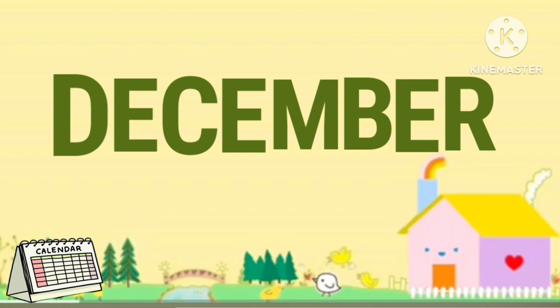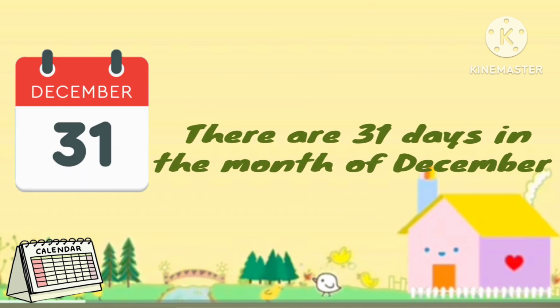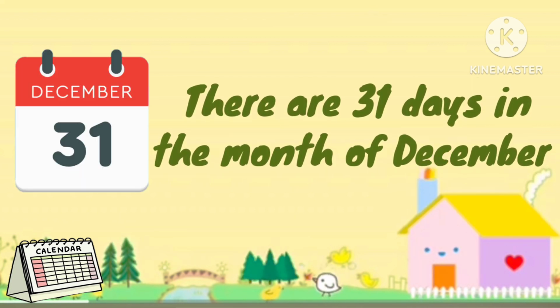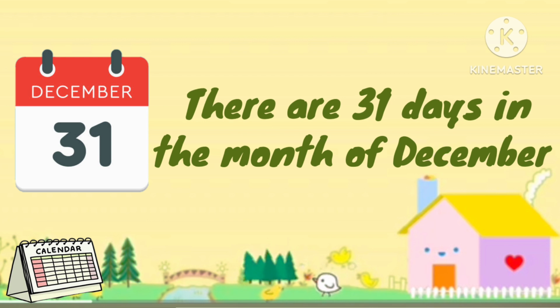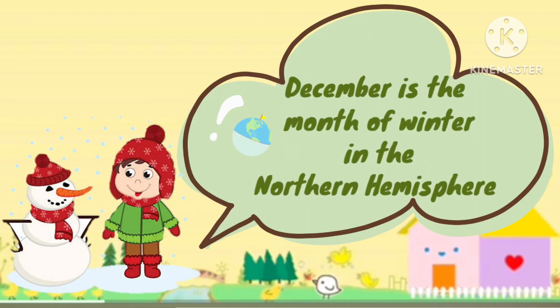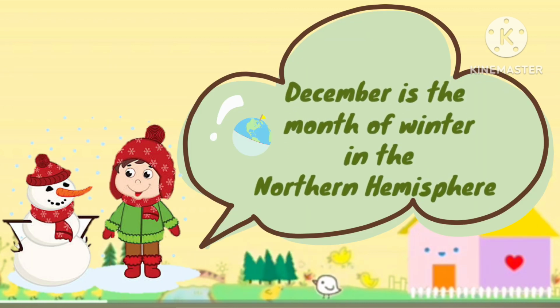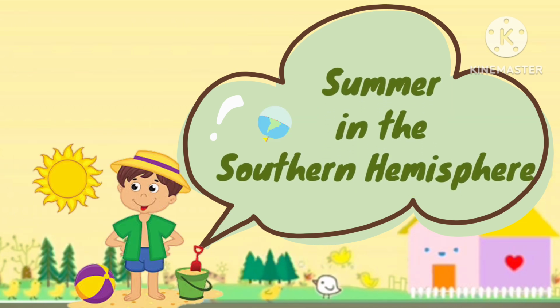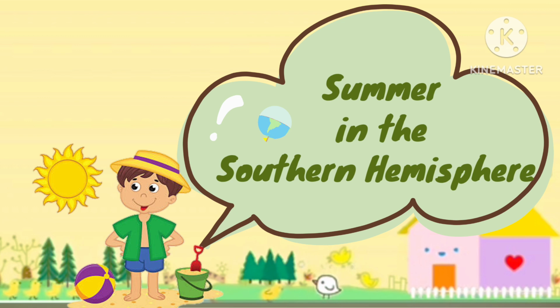December is the 12th and final month of the year. So kids, remember, there are 31 days in the month of December. December is the month of winter in the northern hemisphere and summer in the southern hemisphere.